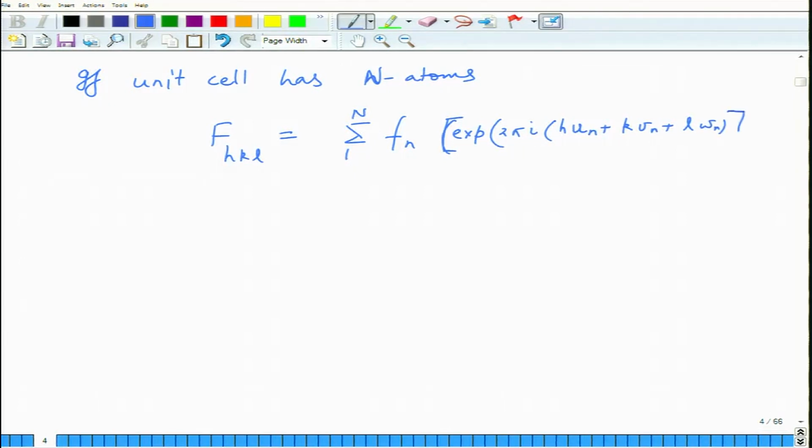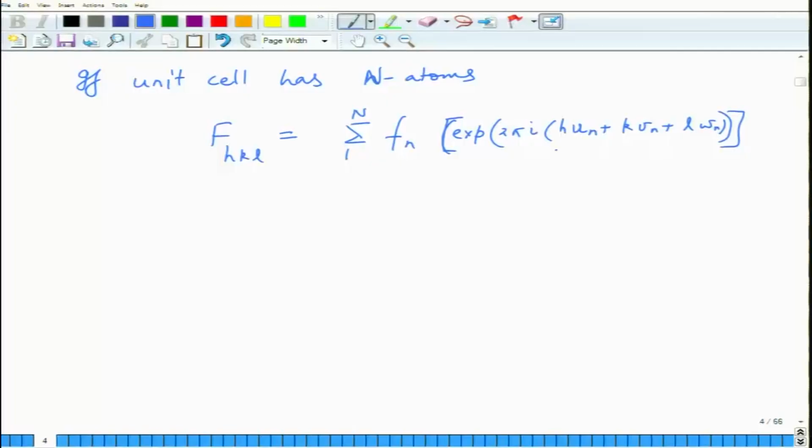Interestingly, for a given crystal, we do not have to go for too many UVWs because the crystal is periodic. You do not need to consider all the millions and zillions of atoms; you are confined to the atoms within the unit cell only, because the rest of them behave in the same manner.